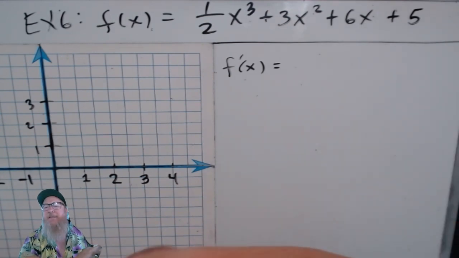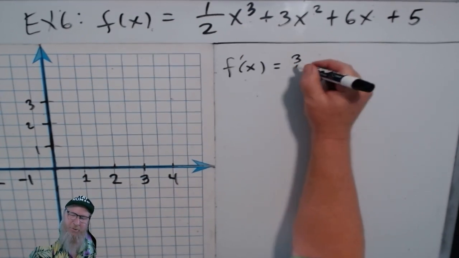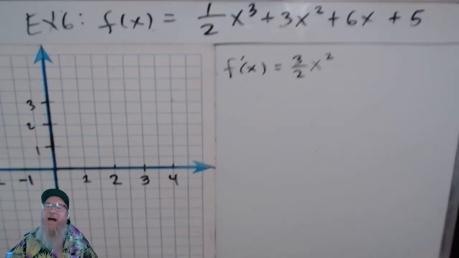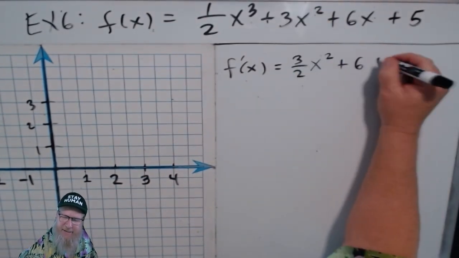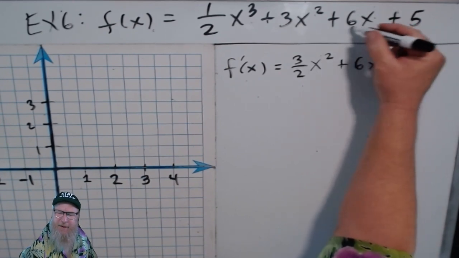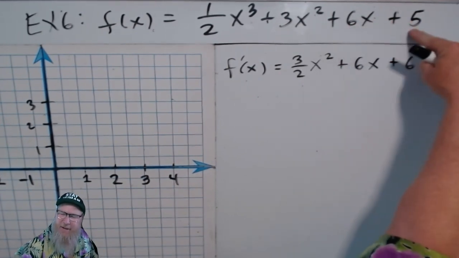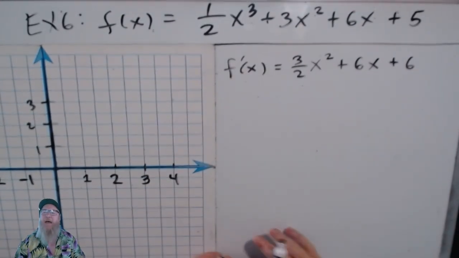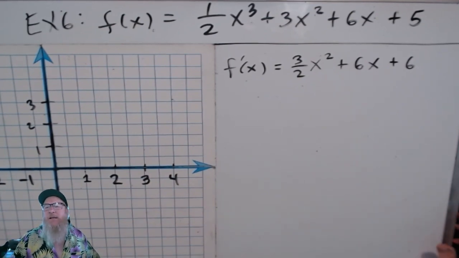I'm going to spare you the details. 3 times 1/2 is 3/2, or if you prefer decimals, 1.5 would be okay as well. 3 times 2 is 6. That's going to be 6x. And then this is a 6x. The derivative is just 6. And then 5, the derivative is 0. So that's your derivative using mental math.